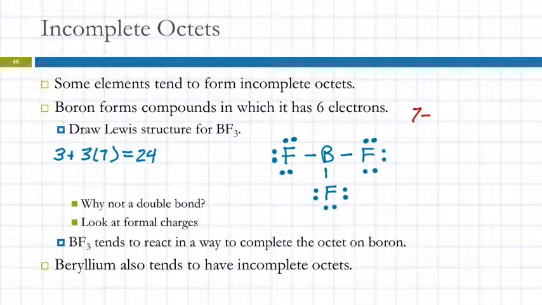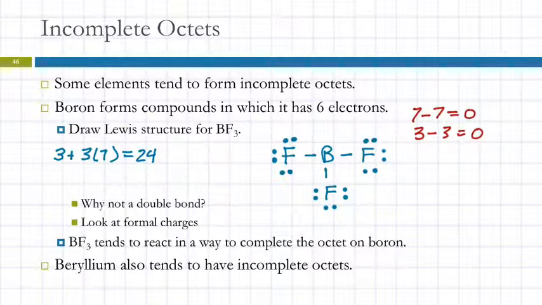And when we cut the bonds in half, how many will it leave with? 7. So that has a 0 formal charge. All the fluorines are going to be the same, right? Because they all have 1 bond. And then let's look at the boron. The boron brought 3 electrons. And if we cut all these in half, how many does boron leave with? 3. So it also has a 0 formal charge, even though it does not have an octet.